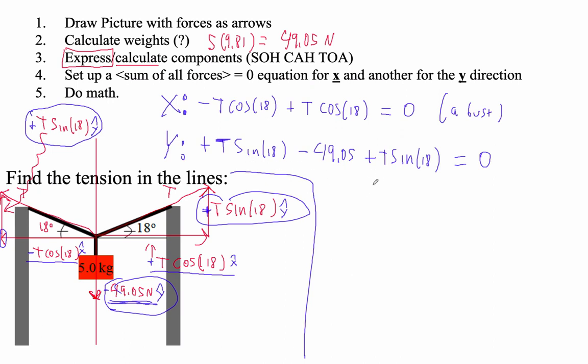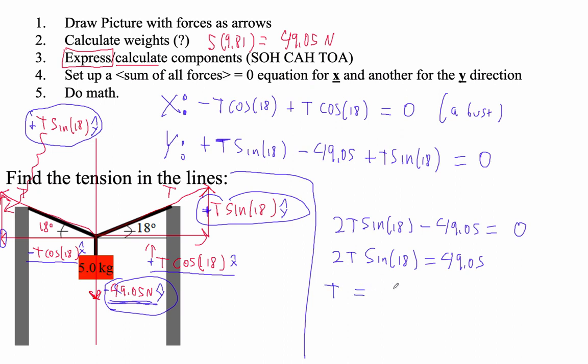Okay, so let's keep going. So 2T sine 18 minus 49.05 is 0, and 2T sine 18 equals 49.05, and finally T is equal to 49.05 divided by 2 sine 18.